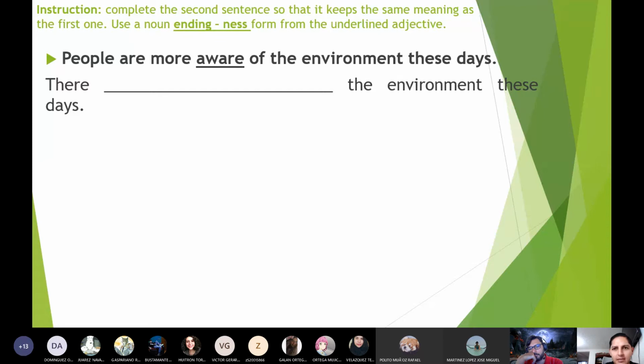Now, please type it there, in a Word file. And complete the second sentence so that it keeps the same meaning as the first one. Please do it. You can type it or you can write it down, by handwriting, you decide.